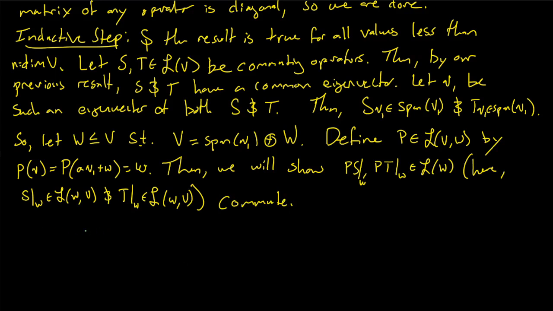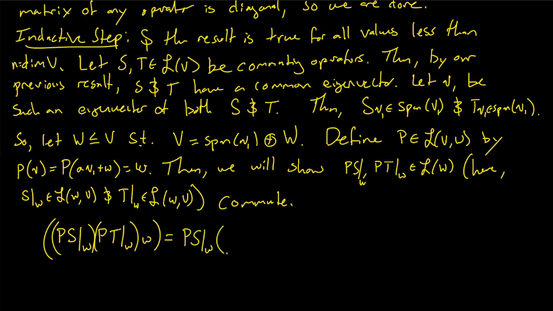I'll start out by showing that P S restricted to W of P T restricted to W, so I'll do PS and PT, and I'll do this guy too, some w in W. Now, what I'll get, and this might seem a little bit weird at first, I'll get PS restricted to W, and then, putting some parentheses, when I apply T restricted to W here, what's going to happen?